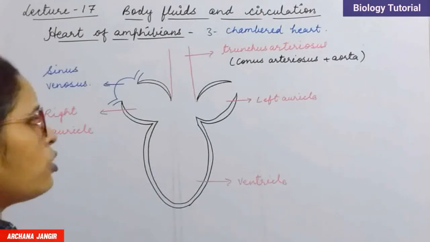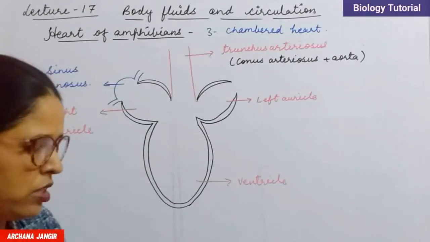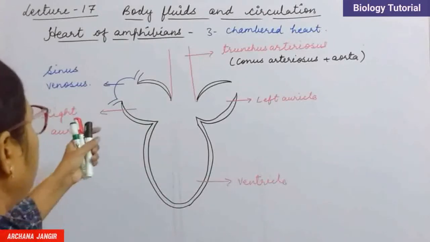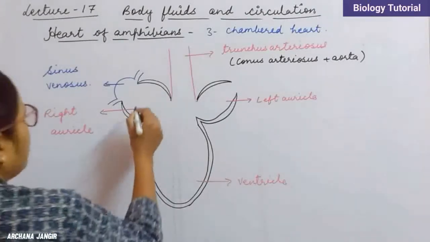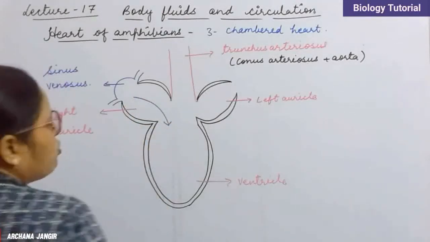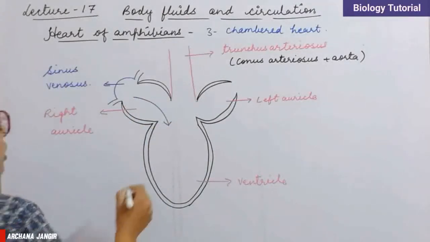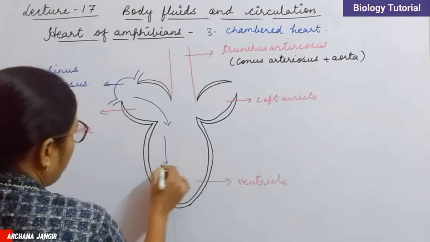Now, how is the circulation of blood going to take place? The right auricle receives deoxygenated blood from sinus venosus. So here the deoxygenated blood is coming.